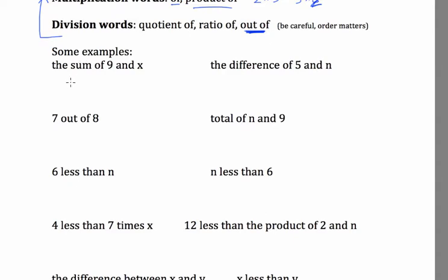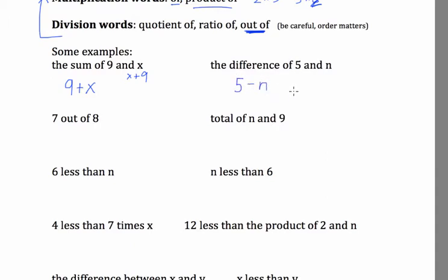The sum of 9 and x. Sum means add, so the sum of 9 and x is 9 plus x. Or, since it's commutative, you could also do x plus 9. It would be the same thing. This is trickier. The difference of 5 and n. If you want to do the difference of 5 and n, you need to do 5 minus n.